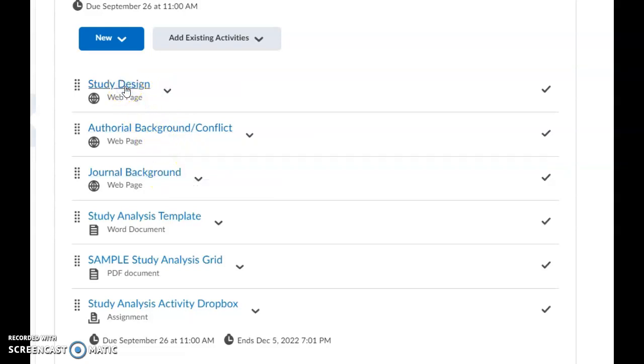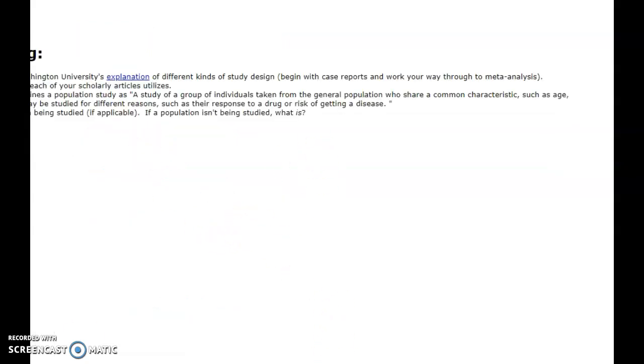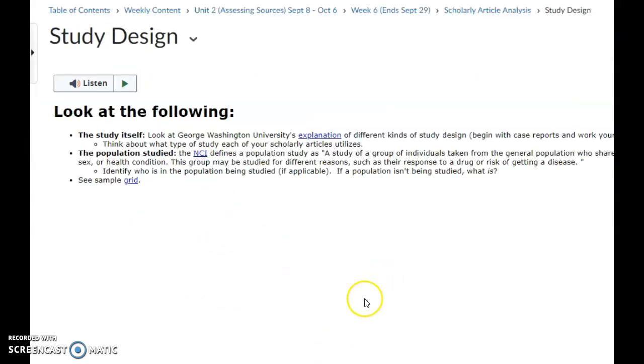So, for example, if you click the study design link, this will actually help you think about what kind of a study it is, okay? And this actually uses some information from George Washington University's library, kind of talking about different kinds of studies. Different kinds of study design, and then how we identify the population that is being studied.